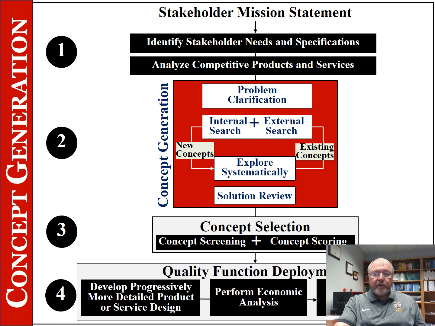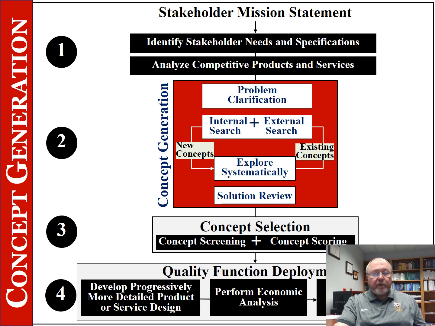Concept generation, this red box. And it starts with the idea that you have previously identified your customer needs. You've previously looked at whatever is available out there in the marketplace. And now you're ready to develop your concept to put out to the marketplace.